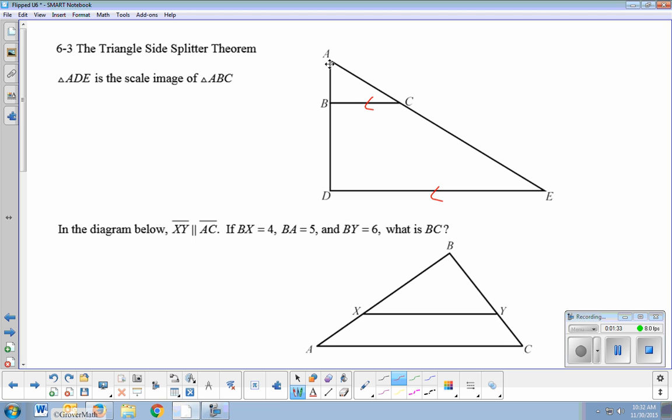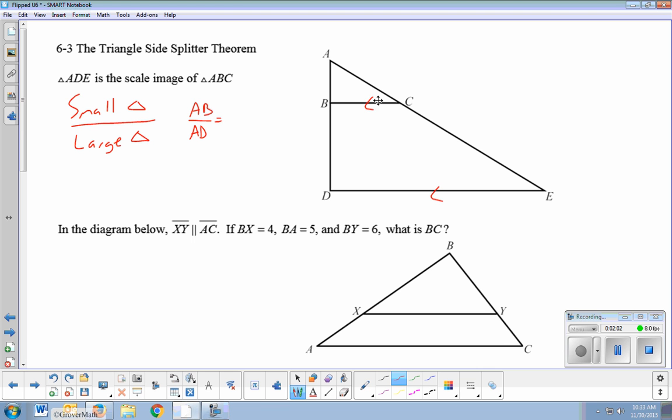And so the sides are proportional. We have a small triangle, and we also have a large triangle, and we could create a bunch of side proportions here. Side AB for the small triangle corresponds to side AD for the large triangle.